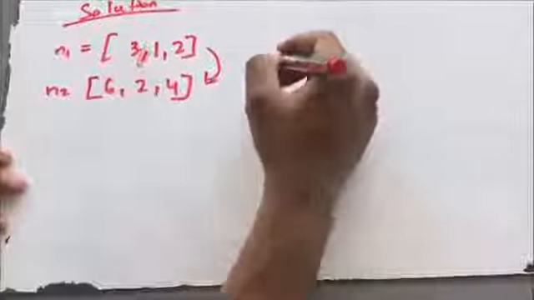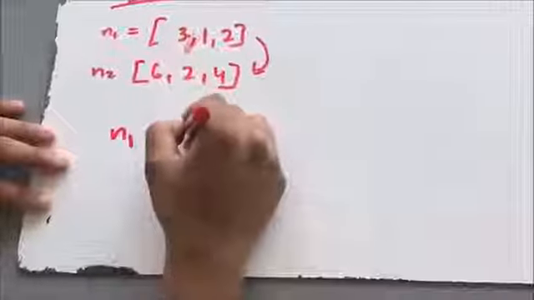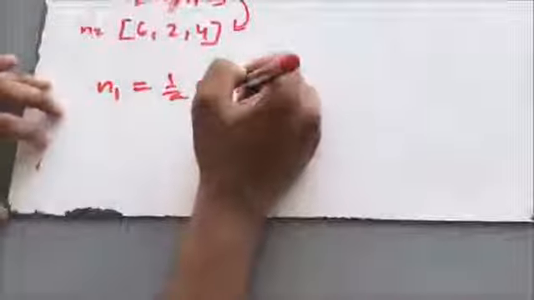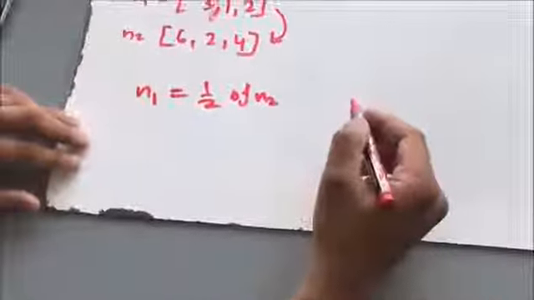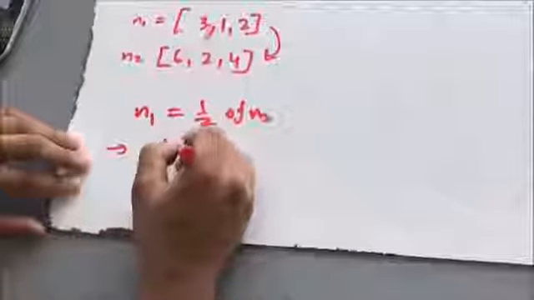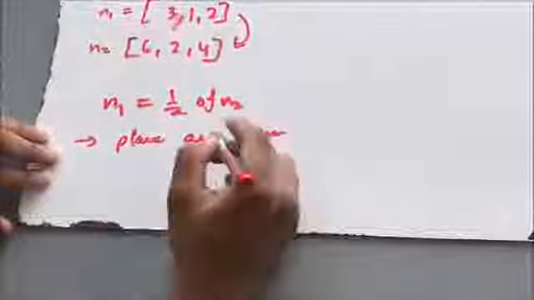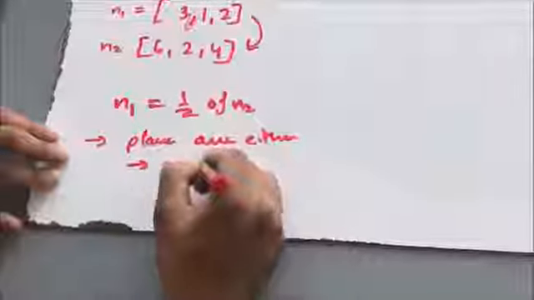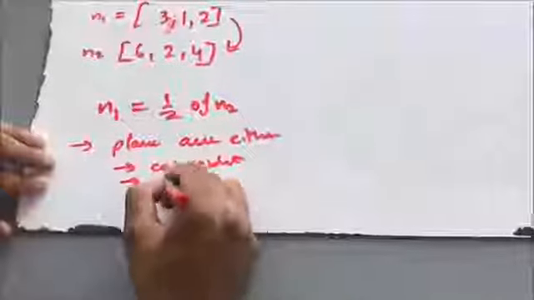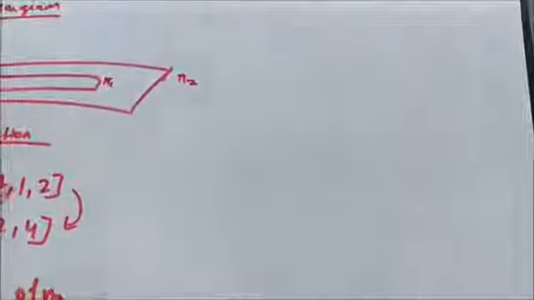So the first normal, n1, is half of n2. Since the normals are scalar multiples, we know once again planes are either coincident or parallel. So now let's solve for each.